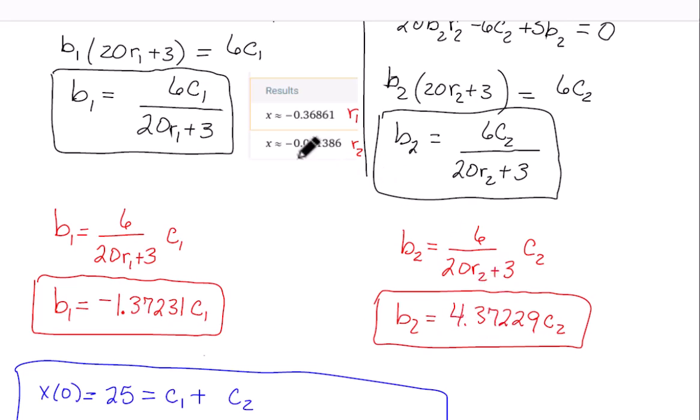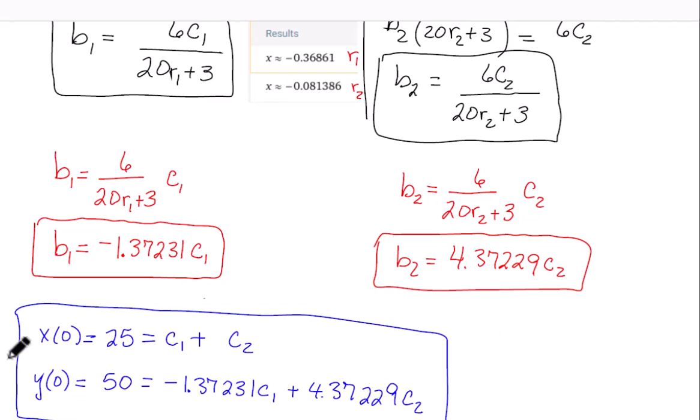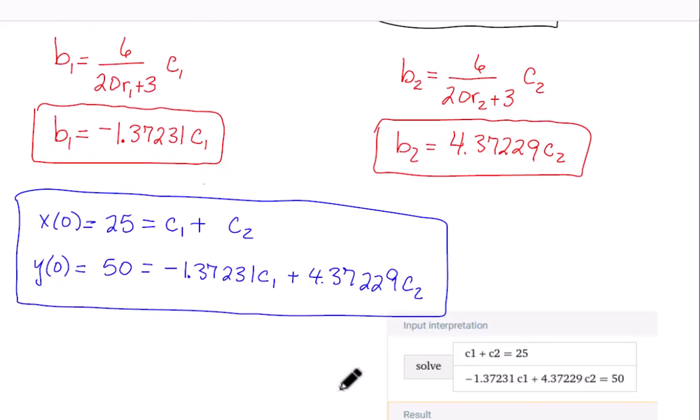So again, just plug in as many decimals as possible, because in the end you need to round it to the nearest hundredths place. So once I did that, I then plugged in what I know about x0 being 25 and y0 being 50. And that gave me my system of two equations and two unknowns. And I could again start solving for C1 and C2.